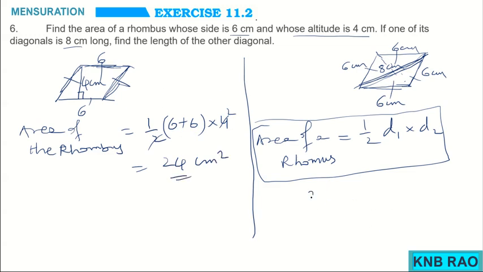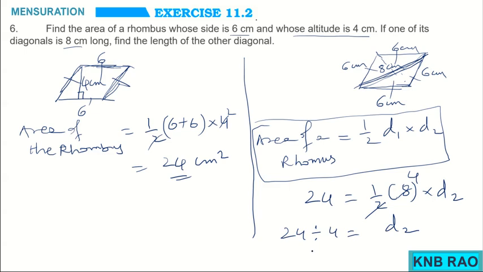Now by equating this 24 to half of d1 into d2, where d1 is 8 and the other diagonal we call d2, 2 cancels with 8 as 4, and 4 is a multiplicand. If it comes to this side, it divides 24, so 24 divided by 4 is the other diagonal. Therefore the other diagonal is 6 centimeter. This is how we find the other diagonal here.